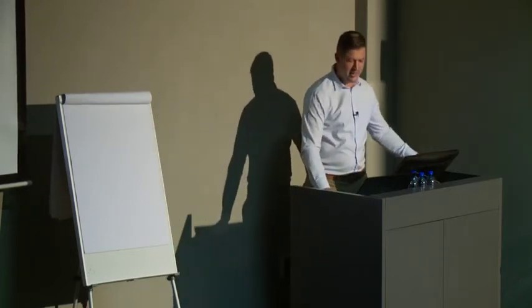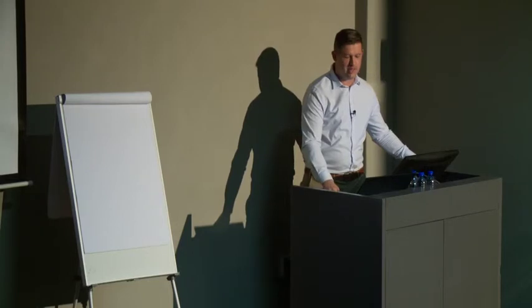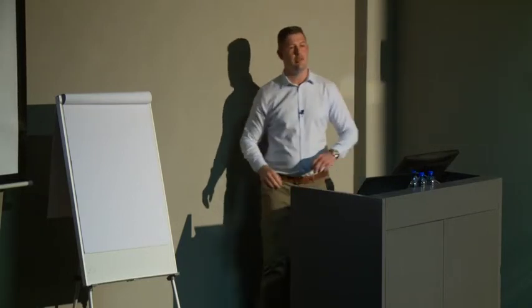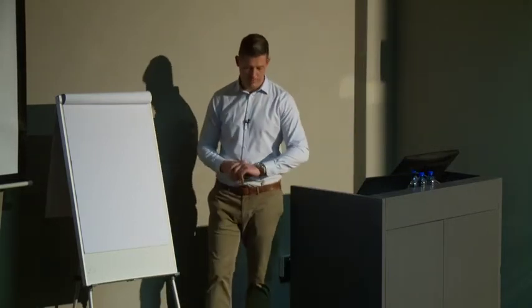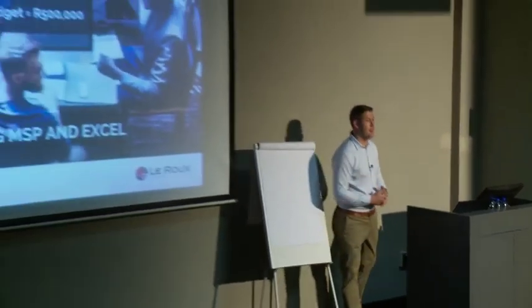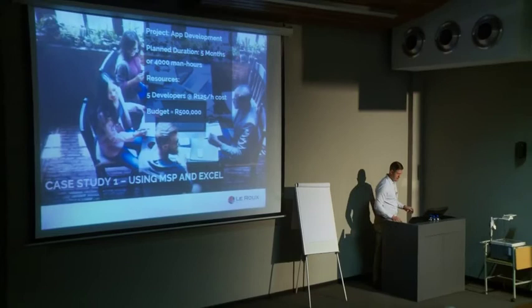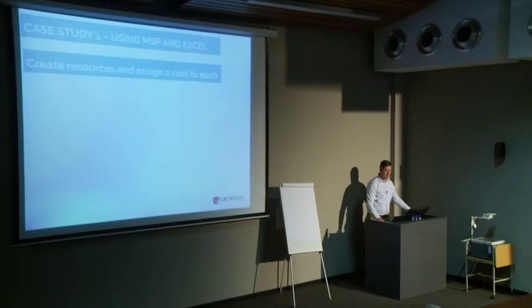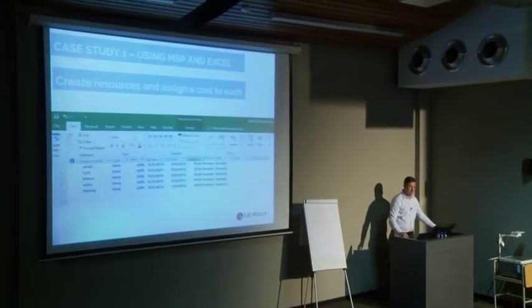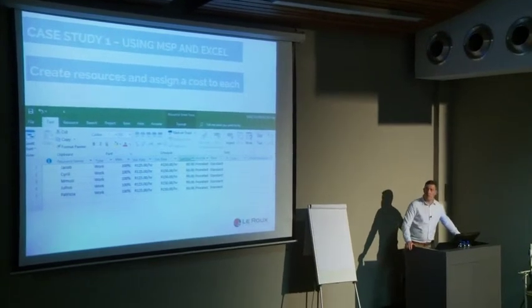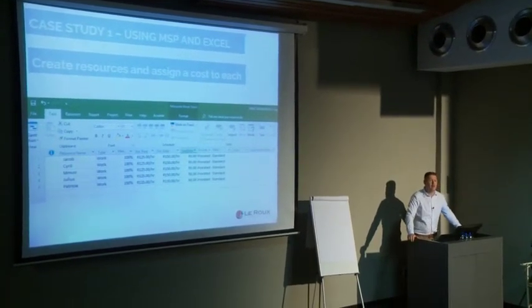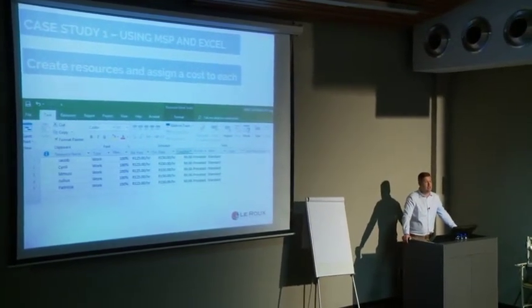All right, so let's look at our case study, and I'm going to show you guys how to do this in Microsoft Project and Excel. Again, I'm back at the app development. So the first step that I'm going to take here in Microsoft Project is just to go and create my resources. This is something that you guys can do.